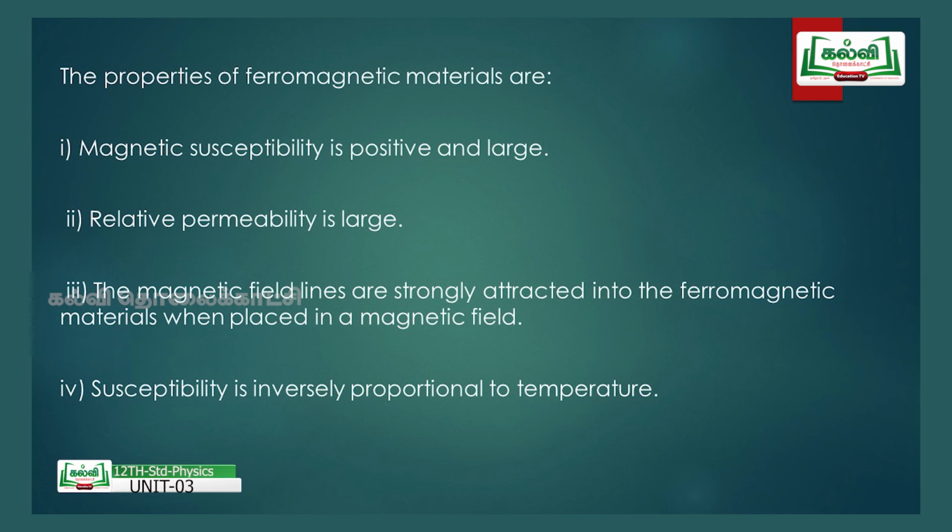There we studied relative permeability is greater than unity, but here relative permeability is larger. And here also the magnetic field lines are attracted by the ferromagnetic material when placed in a magnetic field. So, diamagnetic material repels, and paramagnetic and ferromagnetic material attract the magnetic field lines into the material. Then the last one is susceptibility is inversely proportional to temperature.